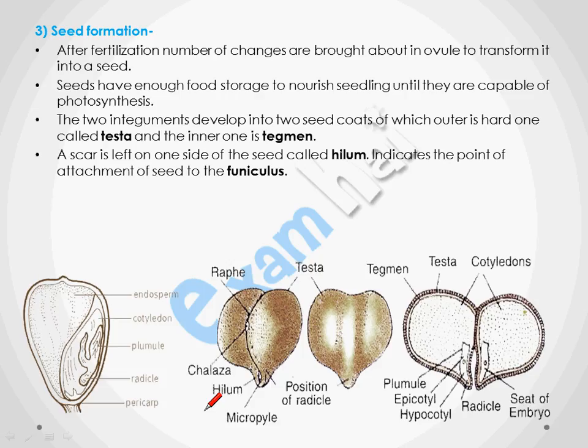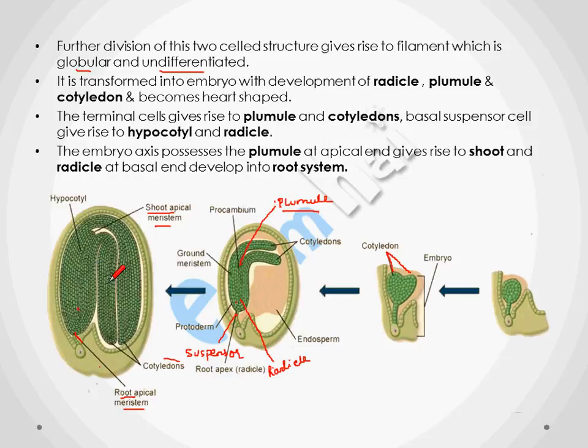Now, how does seed formation take place? First of all, we have discussed previously the two cotyledons and the one cotyledon. So what are the cotyledons?